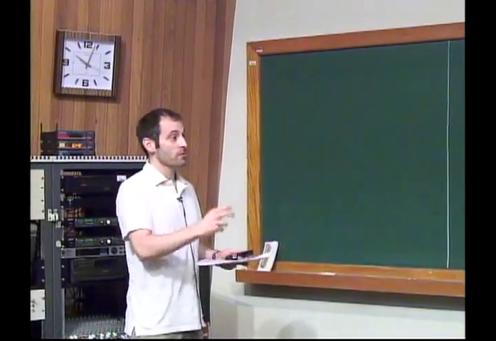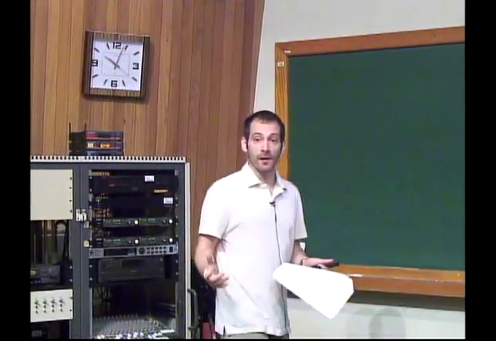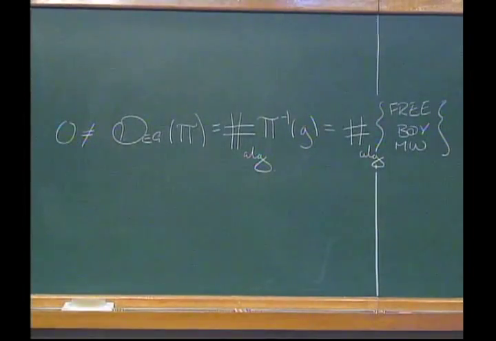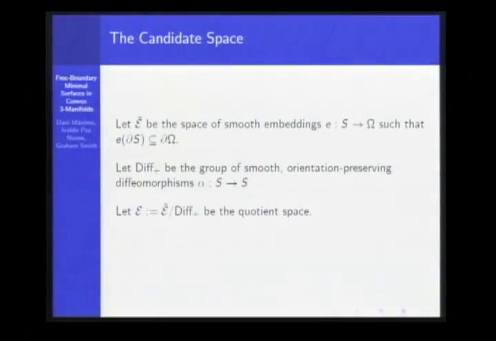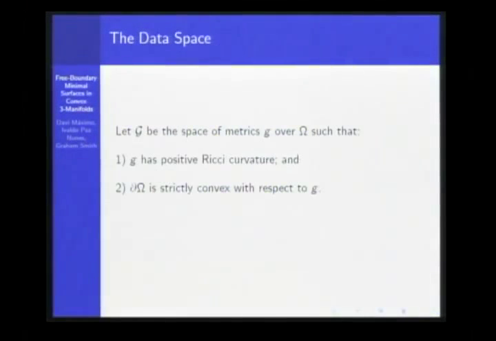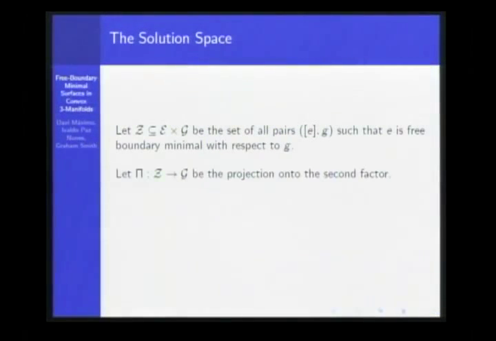So that's the strategy of the proof, and this is why, starting from this nice, straightforward differential geometric question, we now move entirely into the world of infinite dimensional differential topology.